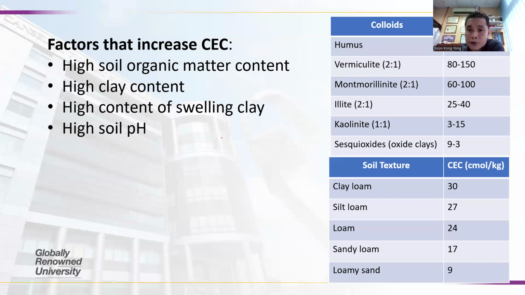Now, moving on to the bottom table. There are different textures that also give you a different CEC value. Now we know that the clay loam texture is best for increasing CEC. But if you compare to these different textures, they don't differ that much.